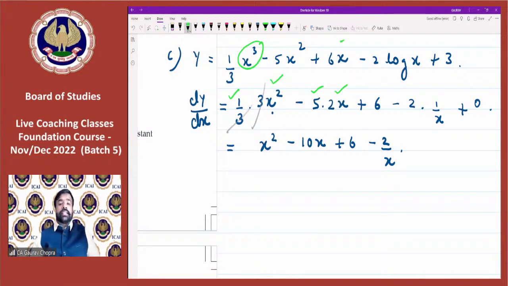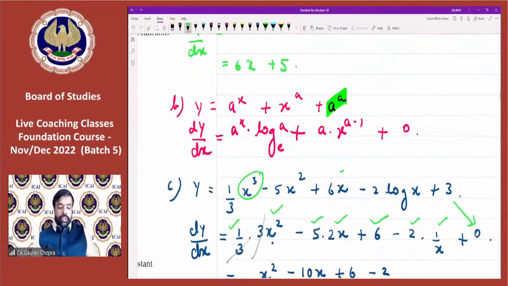Then 6x will become only 6 because the power of x will reduce by 1 and it will get removed. For 2 log x, 2 will remain as it is and log x becomes 1 by x. 3 is a constant and the derivative of a constant is always 0. Okay, so this was C portion.